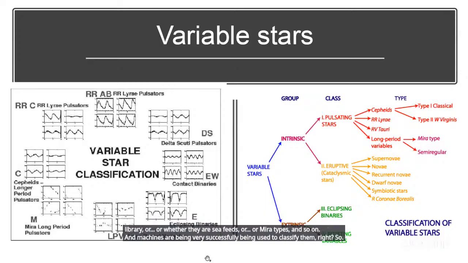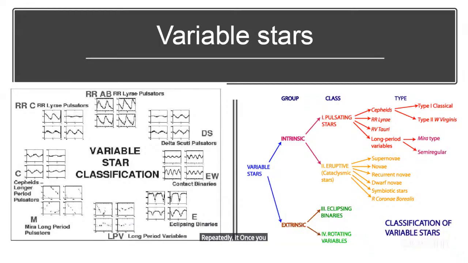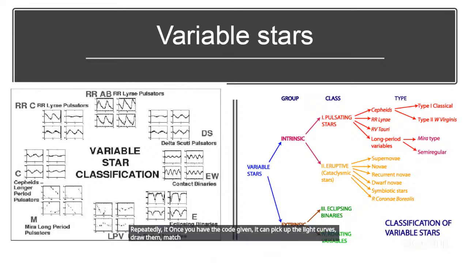An advantage of using machines is that they can go through the data repeatedly. Once you have the code given, it can pick up the light curves, draw them, match the patterns, and predict which kind of object it is very fast.